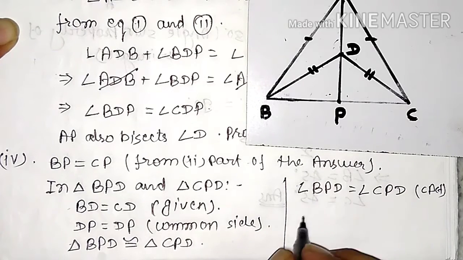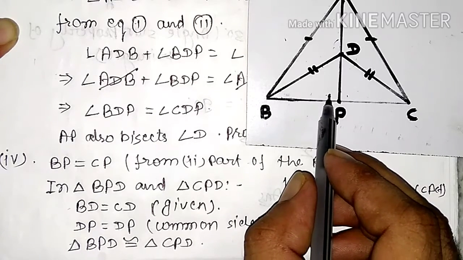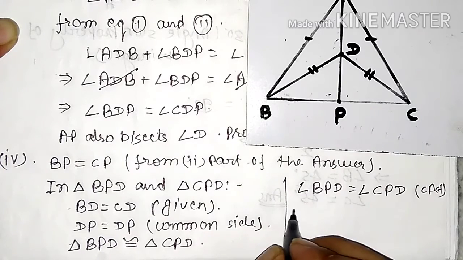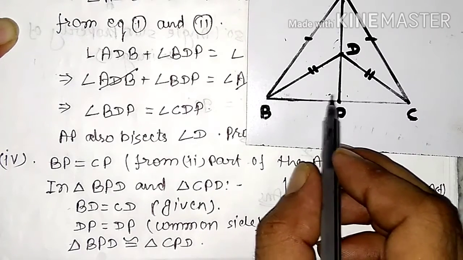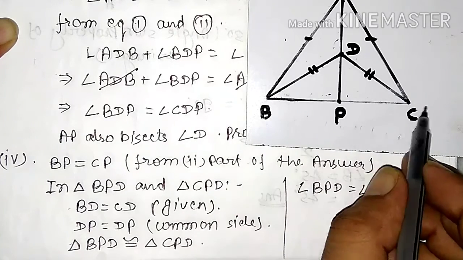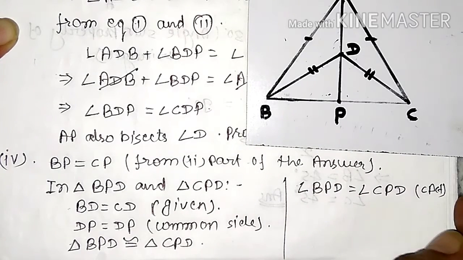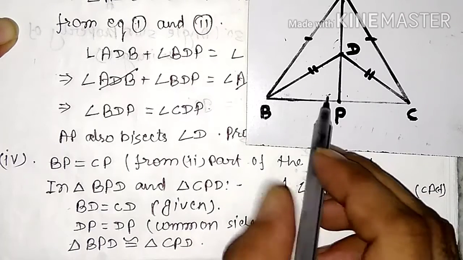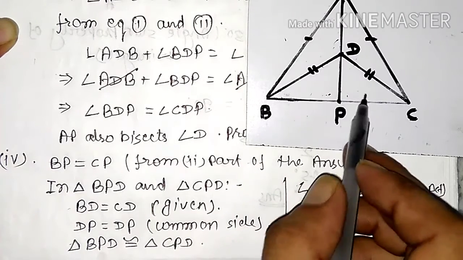So we can say that the sum of this angle plus this angle is equal to 180 degrees. Why? Because both the angles are on the same straight line BC. एक स्ट्रेट लाइन पे कितने डिग्री का एंगल बनता है 180 डिग्री. So we can say that the sum of both the angles is 180 degrees.